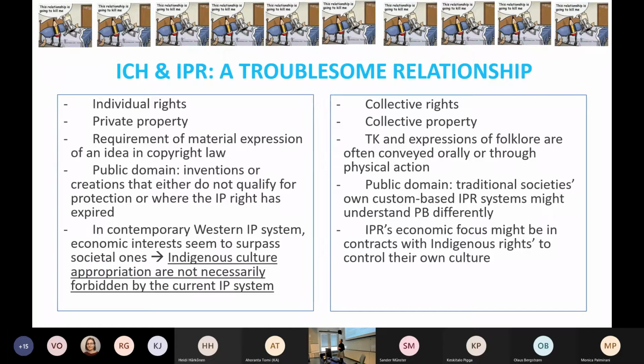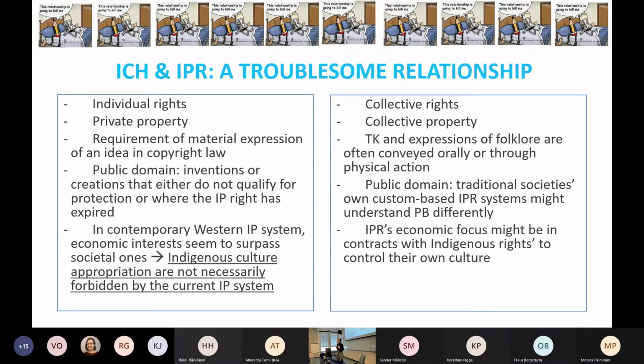So why am I speaking about intellectual property rights? I'm sure most of you have heard that IPRs have been considered since the start a very nice tool to protect cultural heritage in general. However, when we speak about indigenous cultural heritage and intellectual property rights, there is a very troublesome relationship from the start.